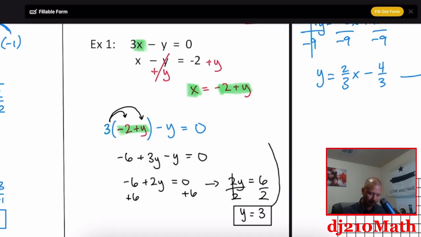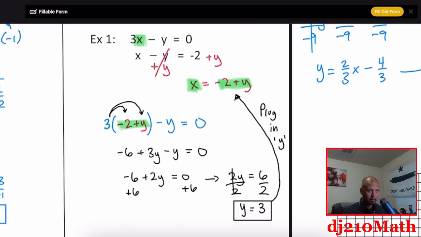Typically, when you plug it back in, you can plug it into the original, or you can plug it into where x is already isolated. I'd plug here. Or actually, it's not x, it's plug in y. So we solved for y. Plug in y. All right.